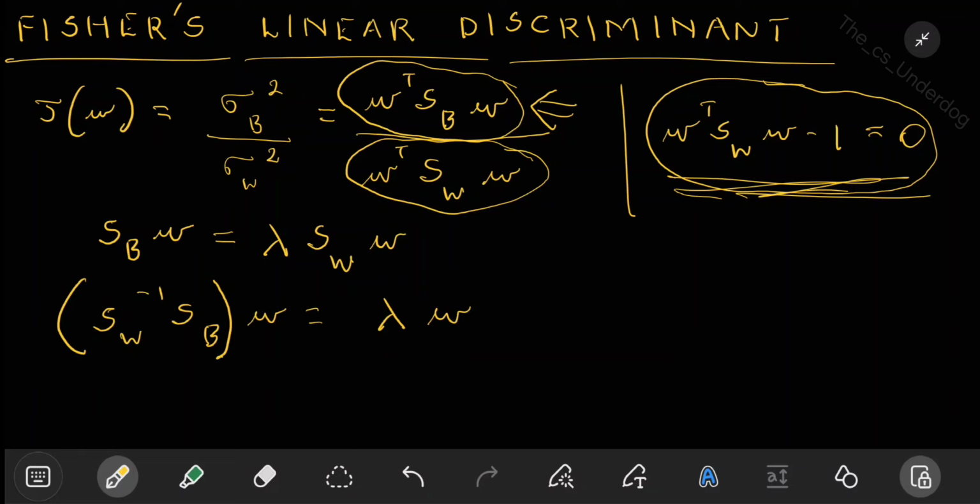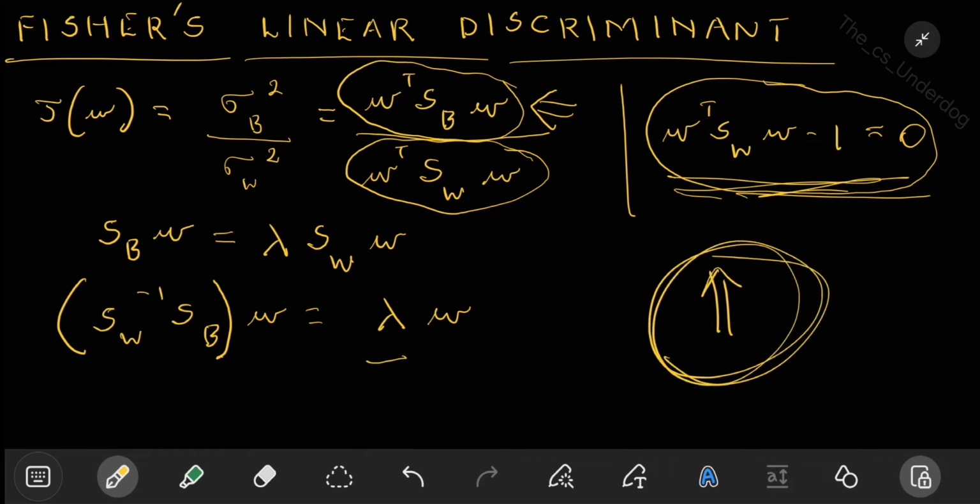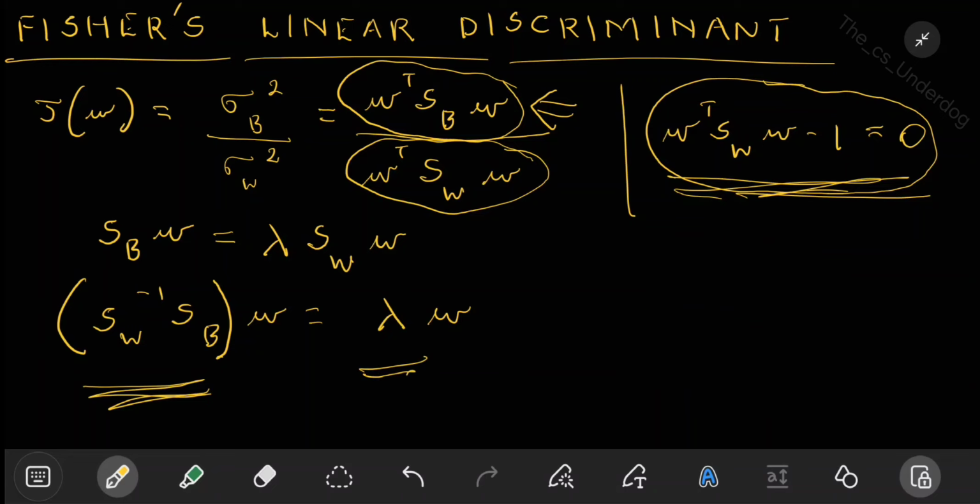Okay, so here what is your aim? You want to find the optimal W. How can you find the optimal W? In order to find the optimal W, you want to find the eigenvector which corresponds to the highest eigenvalue. That is, you have to find the possible values of lambda, whatever are the eigenvalues of the matrix SW inverse SB. We already learned in the last lecture that corresponding to each eigenvalue there will be an eigenvector, right?